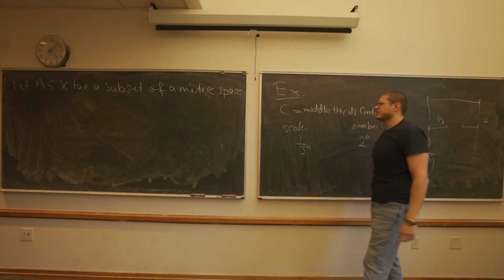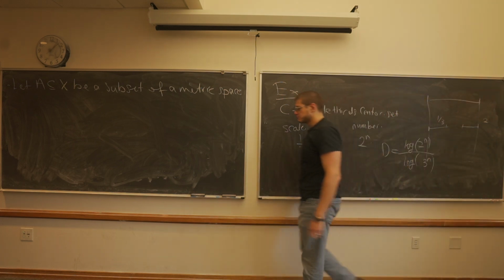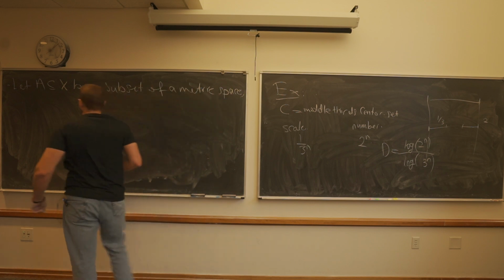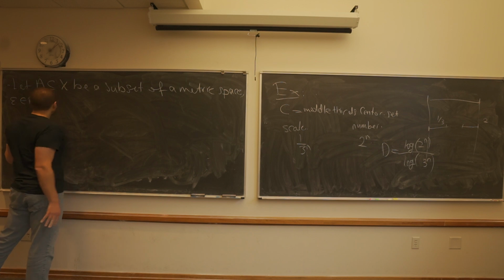Let A be a subset of a metric space. I'm going to fix an epsilon. What I'm going to say in a second is not going to work, but we're going to change it a little bit.